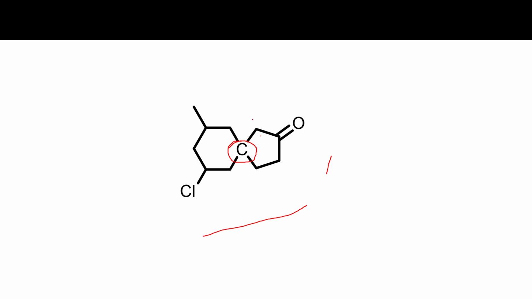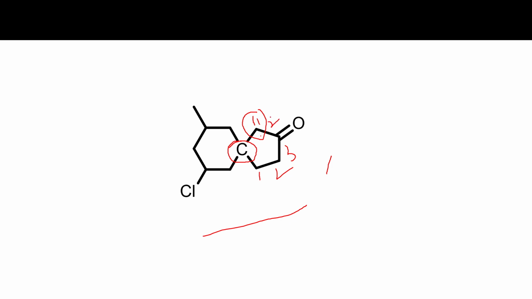And here the starting point will not be the connecting point. The starting point will be the position where the main functional group is present nearer. So we can start from this side, 1, 2, 3, like that, or you can start from this side, 1 and this 2.